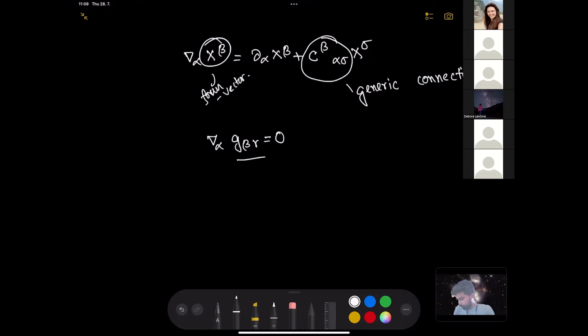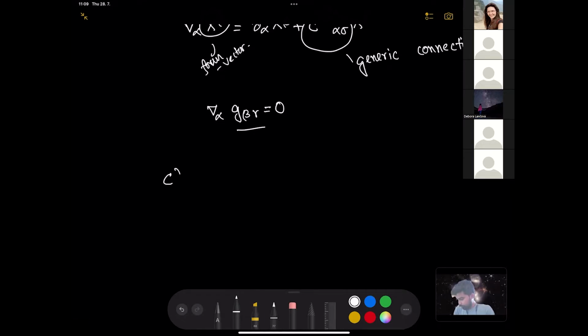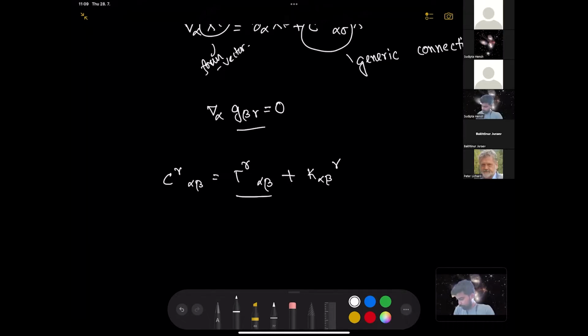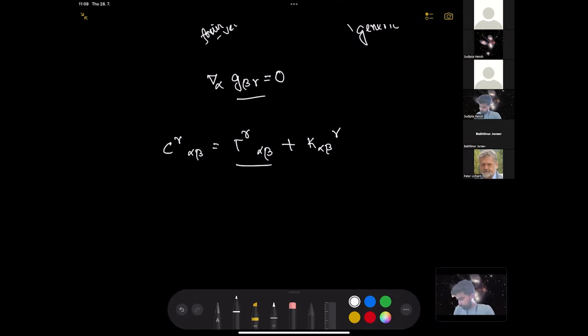So how can this generic connection be written? We can write a generic connection as Γ^α_βγ plus K^α_βγ, where this capital Gamma is the Levi-Civita connection and K^α_βγ is the contortion. The Levi-Civita connection is purely symmetric, so we have no constraint that the connection has to be symmetric.